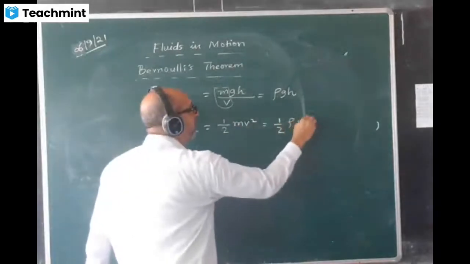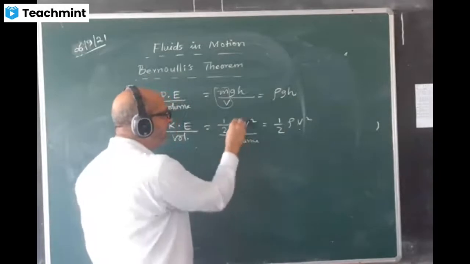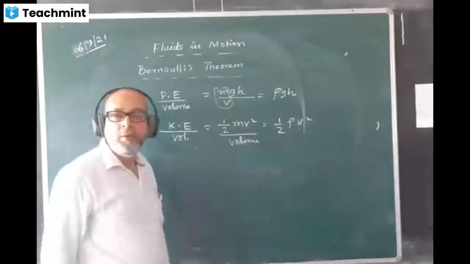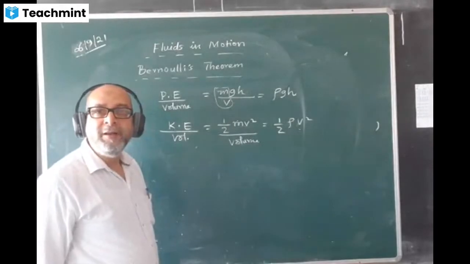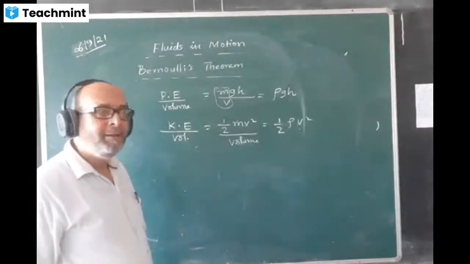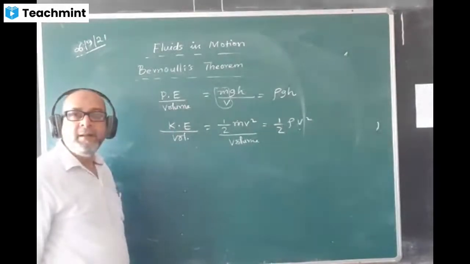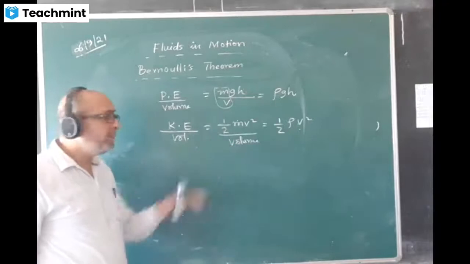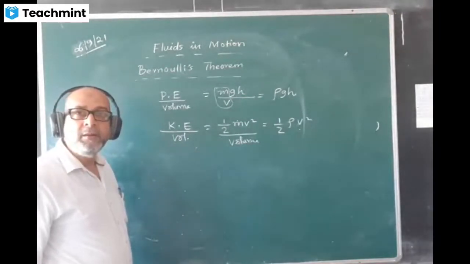We write half rho v square. This thing is divided by volume, and mass by volume makes rho. Yes or no? Sir, why is it divided by volume? Kinetic energy, what I have taken here, is divided by volume. Okay, sir, understood.